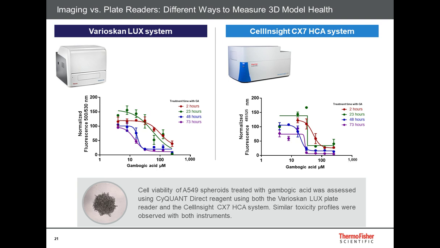But we can report similar toxicity profiles with both instruments. It really just depends on what the desired output is of this experiment. Is it just the quantitative evaluation of viability, or is it that plus the localization of individual cells within the images?